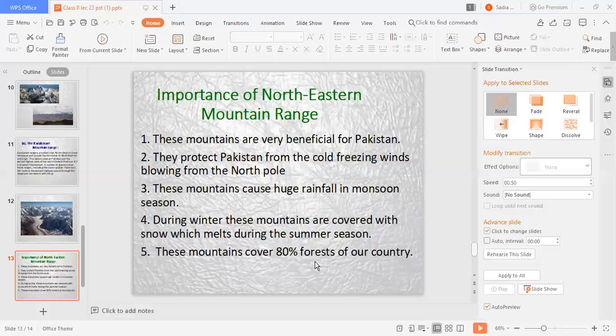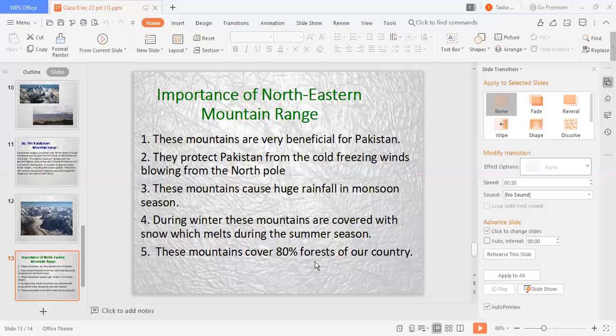most important points so you can learn properly, and it will be easy for you to learn these important points if I repeat these points. So, as you know, these mountain ranges are very beneficial for our country. Why are these very beneficial for our country? Because they protect Pakistan from the cold, freezing winds blowing from the North Pole.